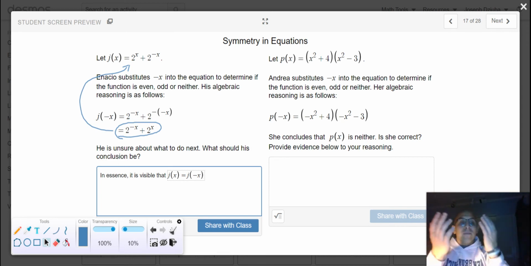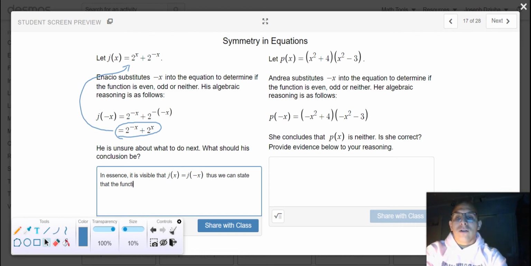So what we have here is a mirrored effect: the function behavior is going to mirror itself for the opposite input. Thus, we can state that this function is even.